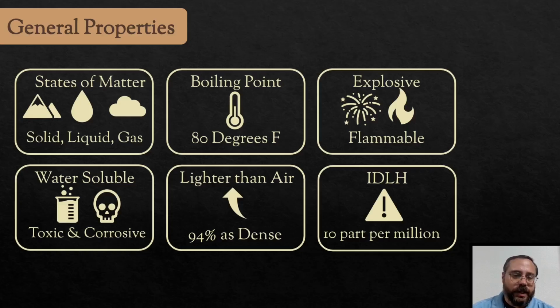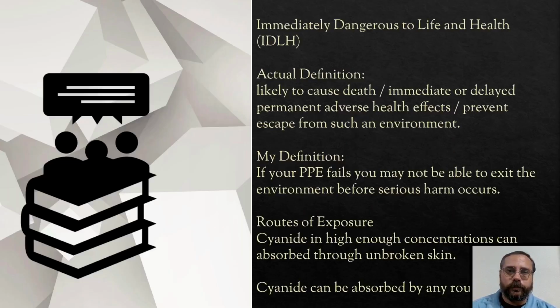But the definition that I like to use is if your protective gear fails at 10 part per million, you may not be able to exit that environment without sufficient harm coming to you. Our actual definition is likely to cause death, immediate or delayed, permanent adverse health effects, and prevent escape from such an environment.